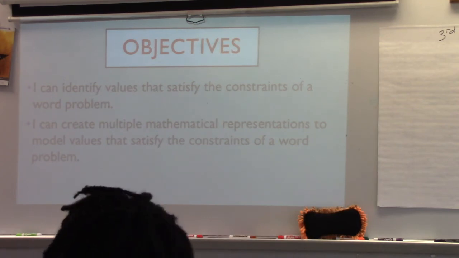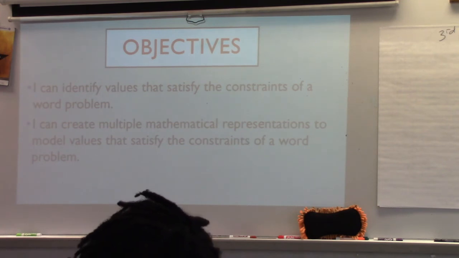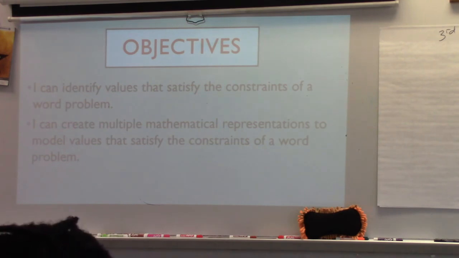I can identify the values that satisfy the constraints of a word problem. Okay. When we talk about constraints, there's things that limit what we are able to do, right? Academically, in terms of our brain, we can always keep reaching for more, but when we were looking at this case with Carlos and Clarita, they only had such a big shed.